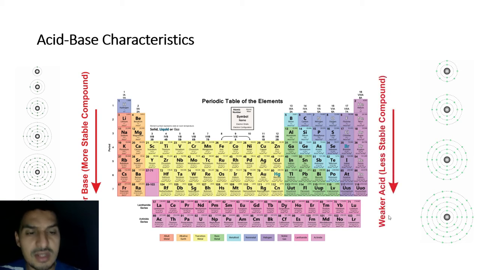So we have weaker acids as we go down, and this is a well-known thing. We know that hydrogen iodide is a very, very weak acid compared to hydrogen chloride, for instance. And hydrogen fluoride is a very, very, very aggressive acid.